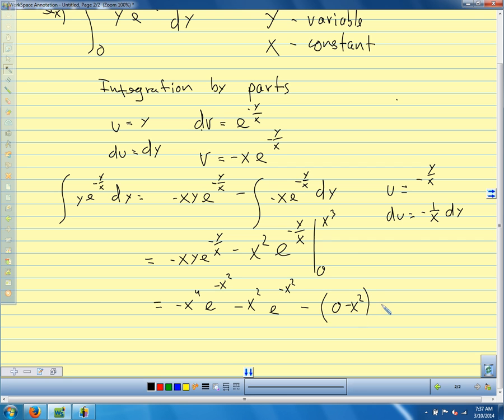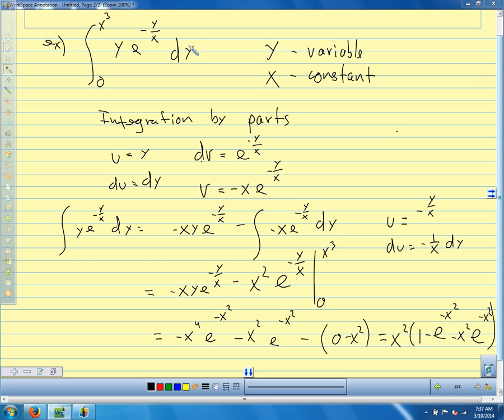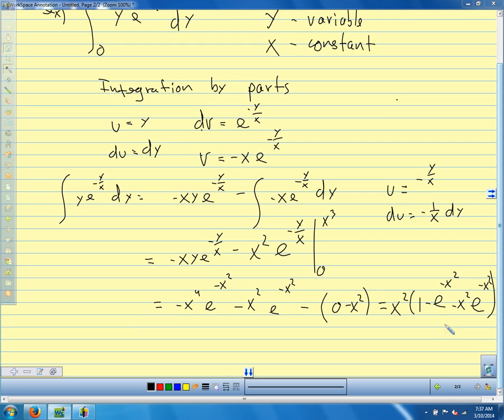And I get finally, when I simplify this, x squared times 1 minus e to the minus x squared, minus x squared, e to the minus x squared. So when I evaluate this integral with respect to y, I end up with a function of x.